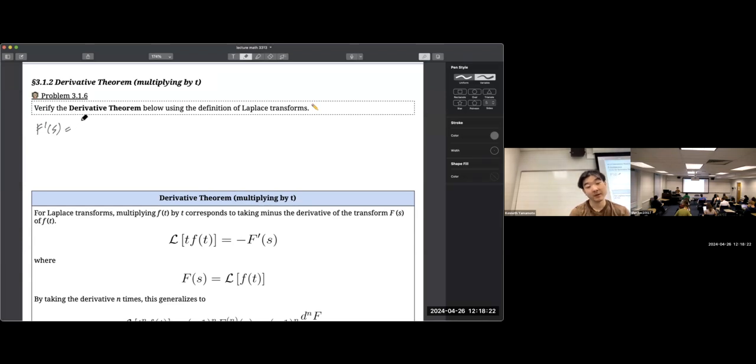I'll just make that very clear because our Laplace transform is a function of s. But what is the Laplace transform? So it's like taking the derivative with respect to s of the integral from 0 to infinity of e to the negative st f of t dt. This is just the definition of a Laplace transform.